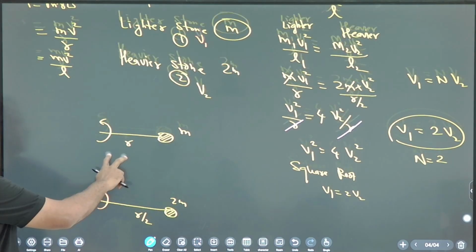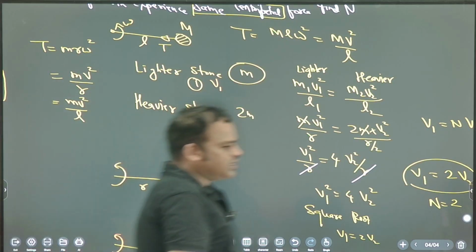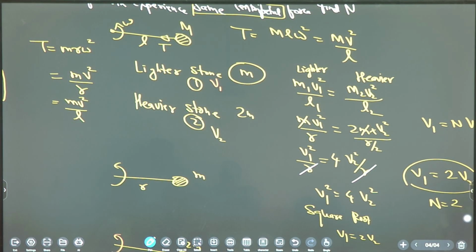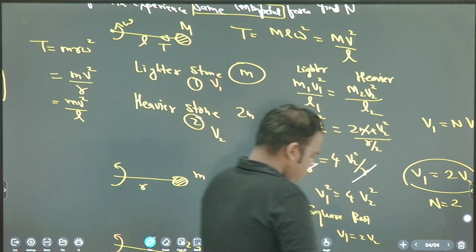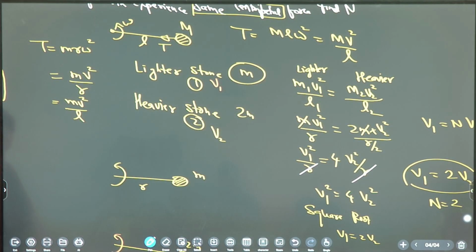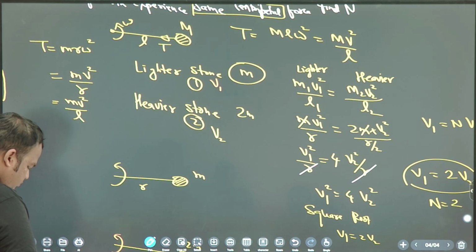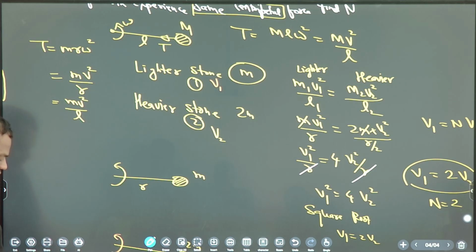Okay, I will check the answer. It is given in the MTG book also.